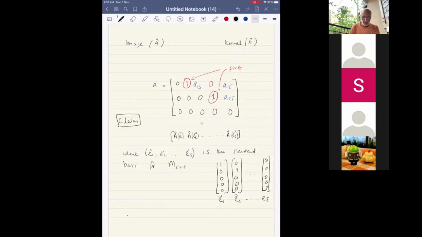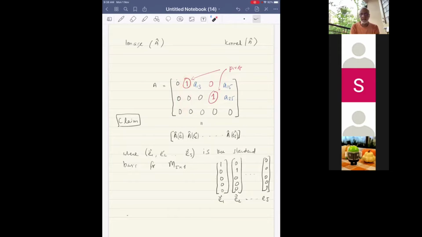So you have A, you have the corresponding linear map A hat. When I hit E1 with A hat, I get a column vector of length 3, and the claim is that this is that column vector. And when I hit E2 with A hat, I get a column vector of length 3, and the claim is this is the column vector.